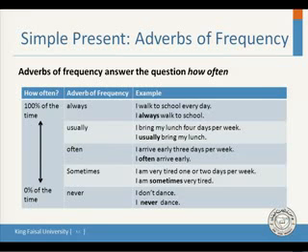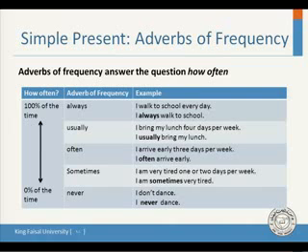Often, you see, I arrive early 3 days per week. So 3 days I am early and 2 days I am late. So I often arrive early. Always, usually, then often.